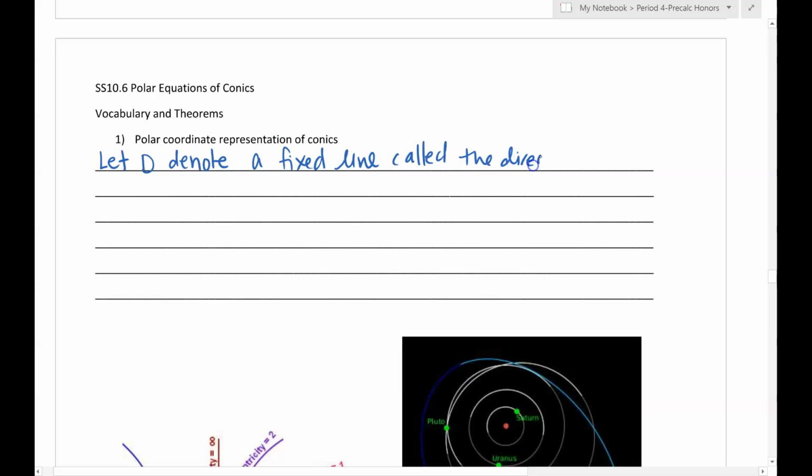I know in the parabola we use the directrix with our graphing. Now we don't normally use the directrix to graph our circles or our ellipses and hyperbola, which we're not studying this year.